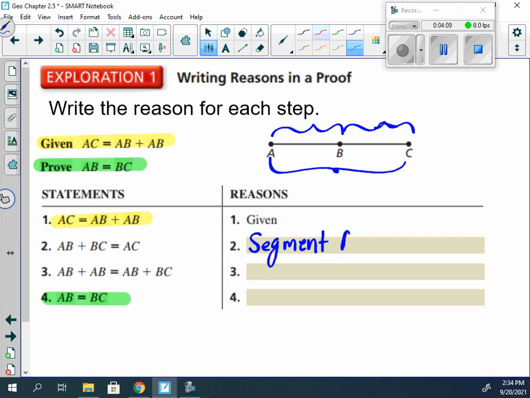Anybody remember? It's our segment addition postulate, because again, the segment addition postulate says that if we have 3 points on a line, AB plus BC is going to equal AC. The two parts will equal the whole. And that's all we're saying here, that AB plus BC, the two parts are going to equal the whole. That's our segment addition postulate.